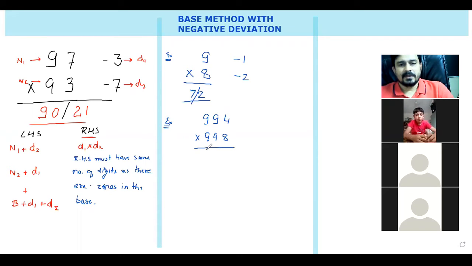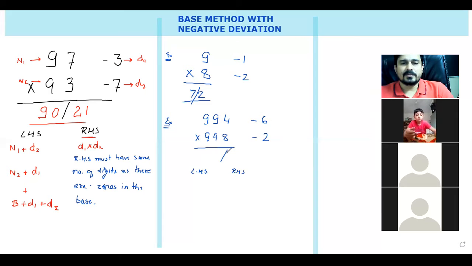Okay, anyone who knows the answer? This is -6. Here the deviation is -6 and here the deviation is -2. 992012 is the right answer.